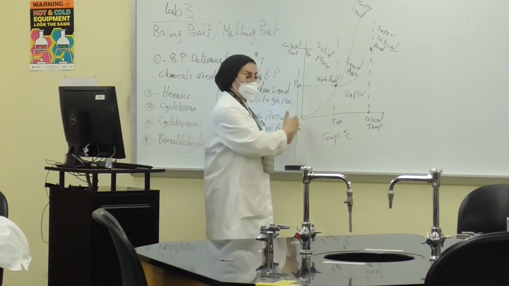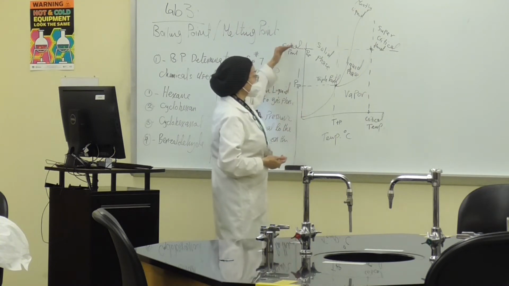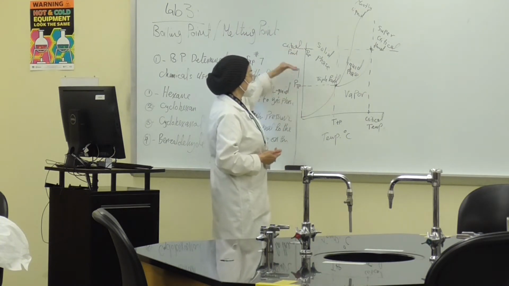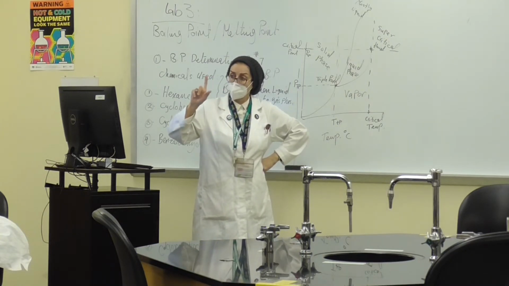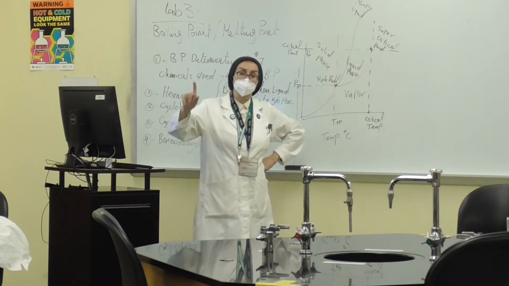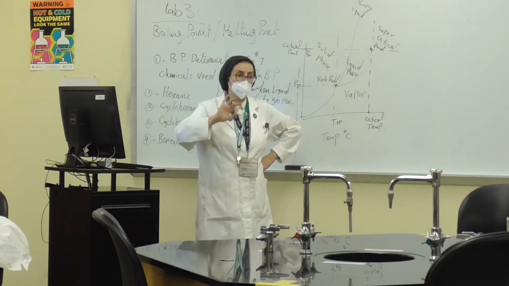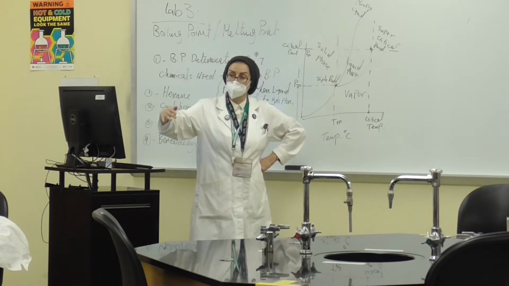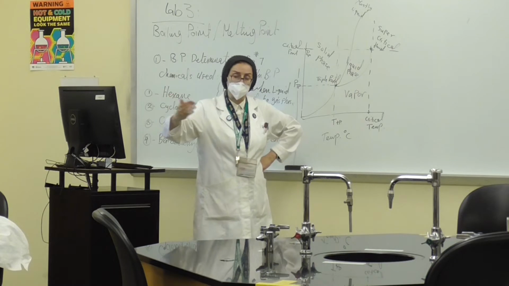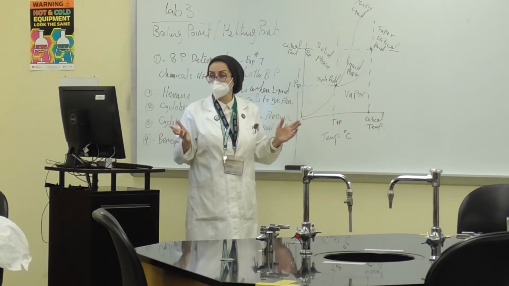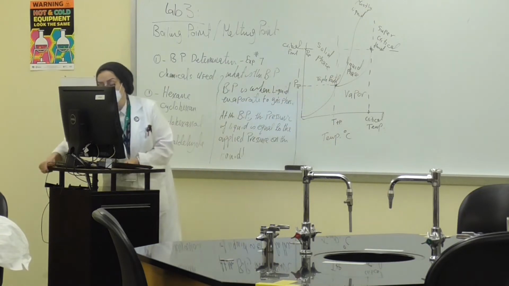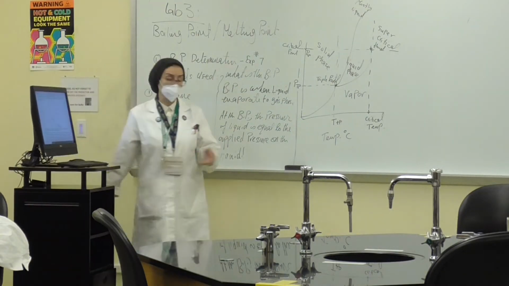Boiling starts at a specific temperature with a specific pressure, at a pressure of 1 atm, which is 760 torr. We call it the normal boiling temperature, at 100 degrees Celsius. So this is how we are going to reach the boiling point.